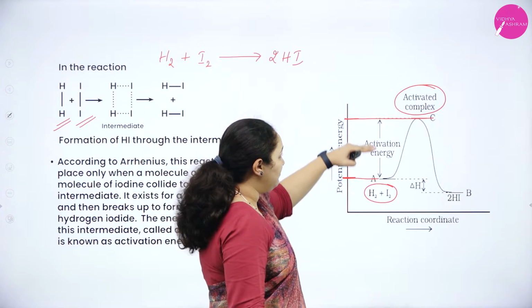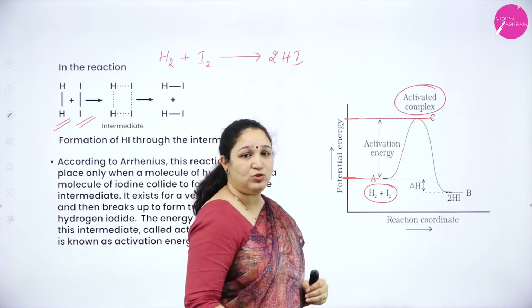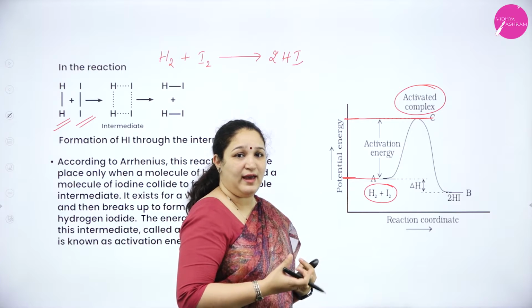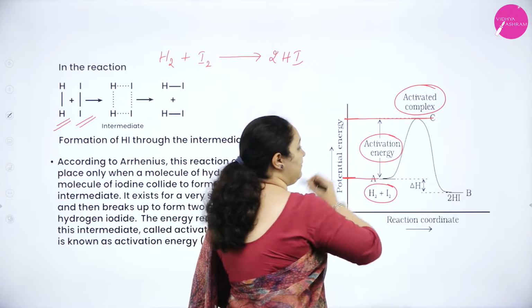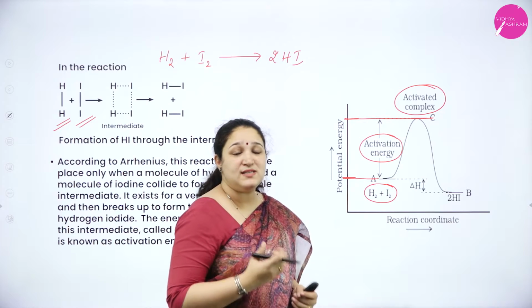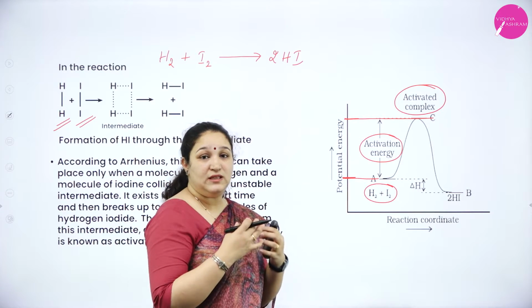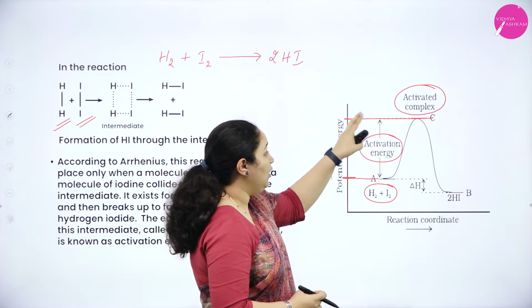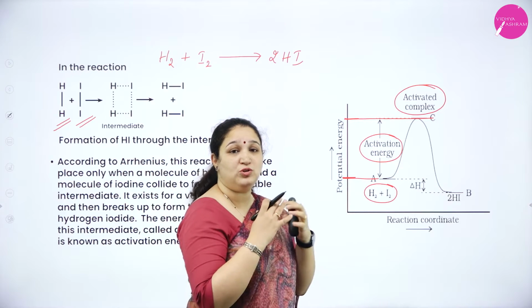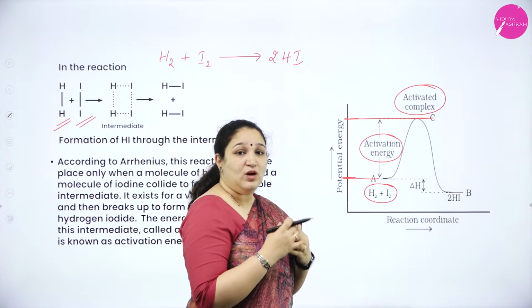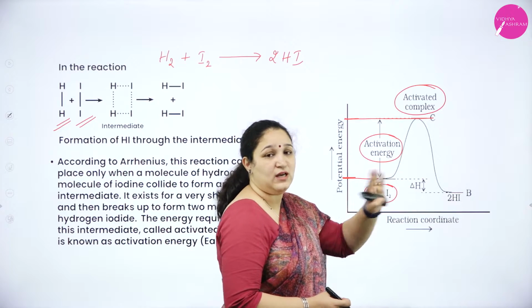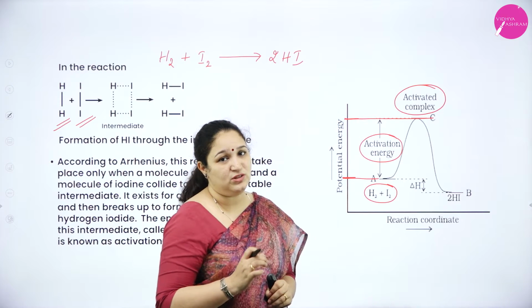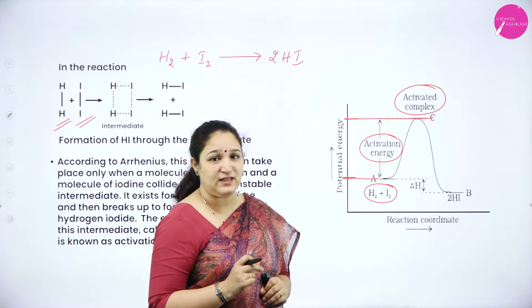So from this level to threshold energy level to go, what excess energy they have to get, that is called as activation energy. So what is activation energy? The minimum energy molecules should have to form activated complex and then form products is called as activation energy. Is it clear?